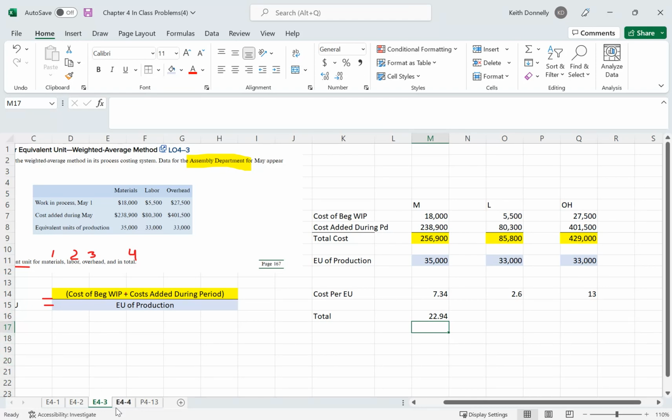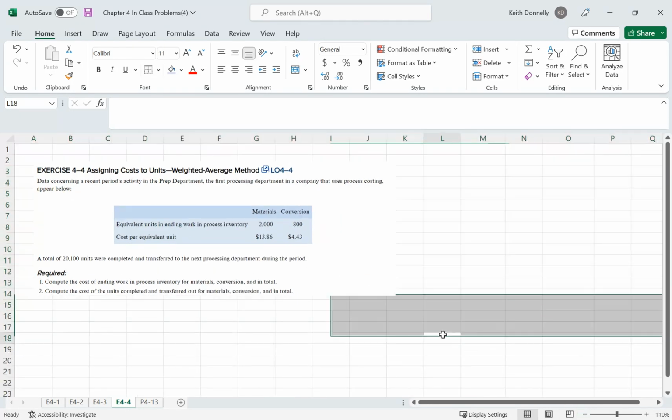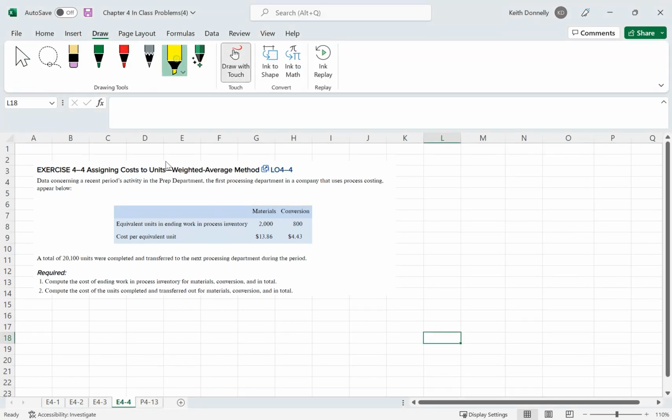All right, let's look at exercise 4.4. Okay, this says data concerning a recent period's activity in the prep department, which is the first processing department, appears below. So it looks like there must be a prep department, then it goes to another department, and so forth.